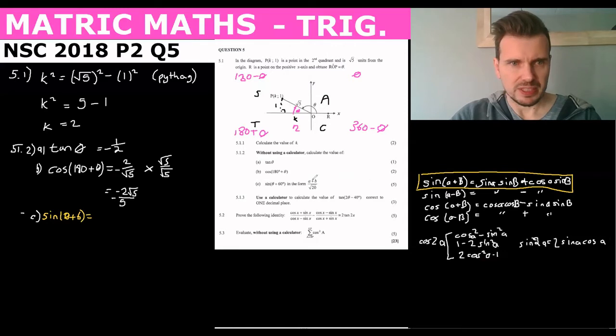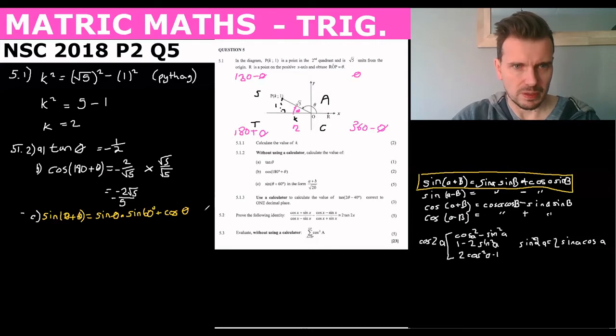Okay, so everywhere I see an A, I'm going to put a theta. So it'll be sine theta. And then when I see a B, I'm going to put 60, plus cos A, which was theta, and cos 60 degrees.